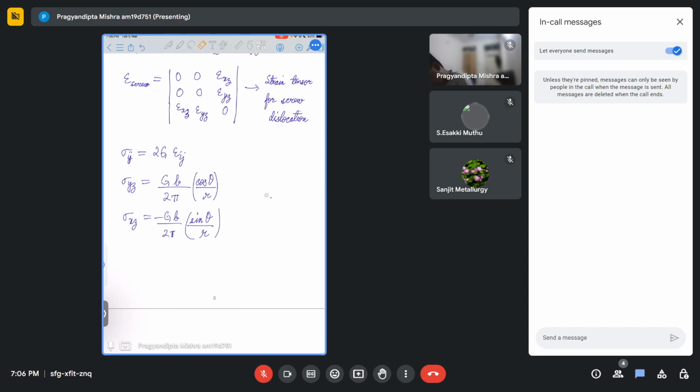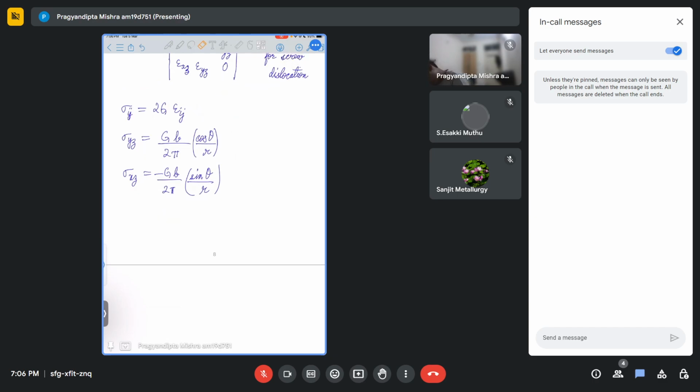Okay, let me draw it. So 0, 0. That's how my stress tensor would look.